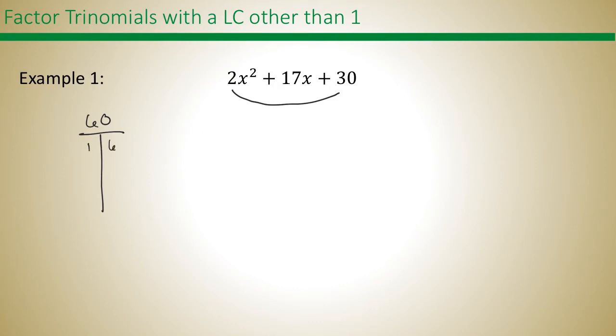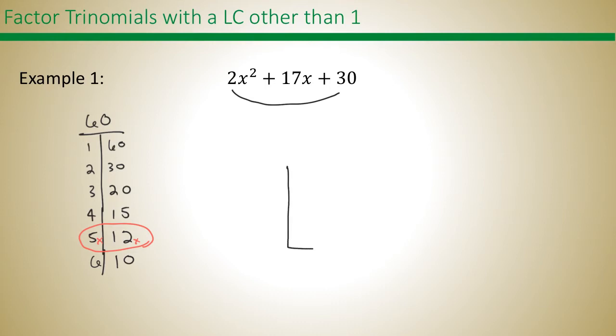So 1 and 60, 2 and 30, 3 and 20, 4 and 15, 5 and 12, 6 and 10. Those are all of my factors of 60. Since 60 is positive, I know that both of my signs have to be the same, and since we're adding to make a positive, I'm going to use 5x and 12x. Those make 17x.